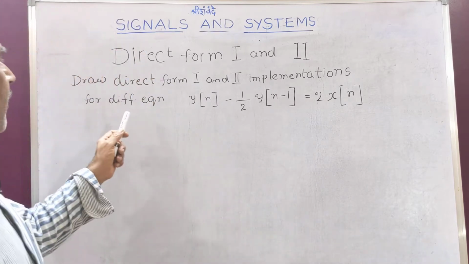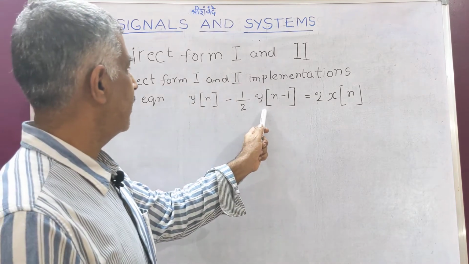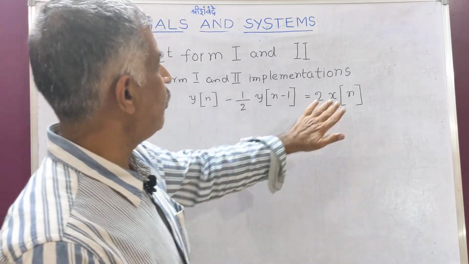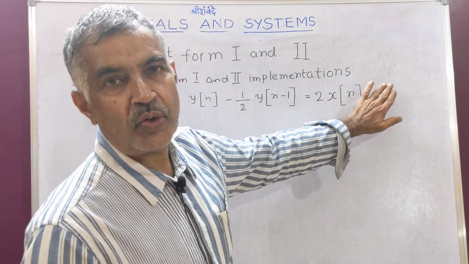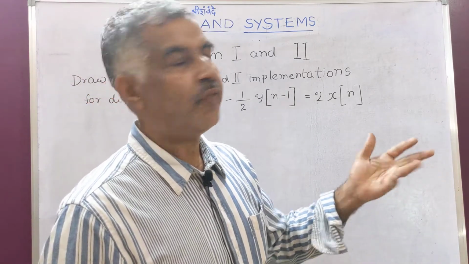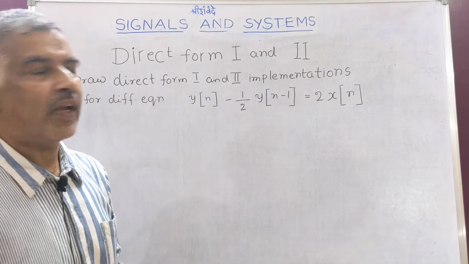So you are given a difference equation, y of n minus half y of n minus 1 equals 2 times x of n. Here you find only x of n, with no shift for the input. In other problems there may be a shift for this x of n. So how to write direct form 1?